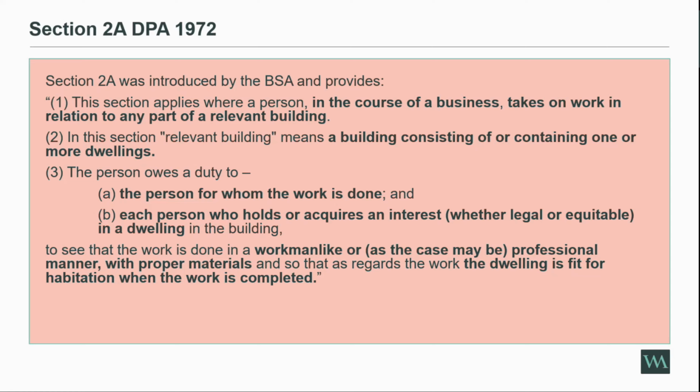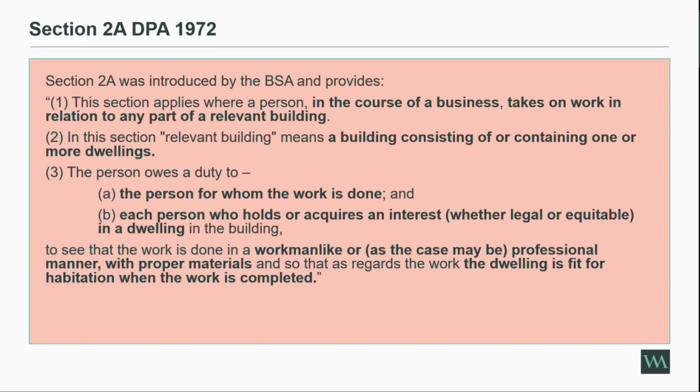So this is another section of the DPA, and this was introduced by the Building Safety Act. And basically what this has done is extended the DPA so that it now applies beyond original construction. There was originally a bit of a gap there as to whether, when you undertake refurbishment or renovation, you were covered under a DPA.